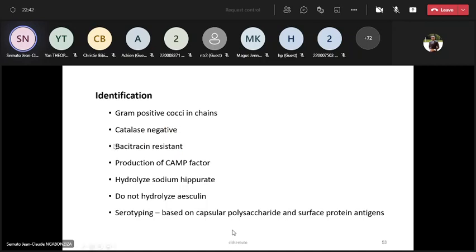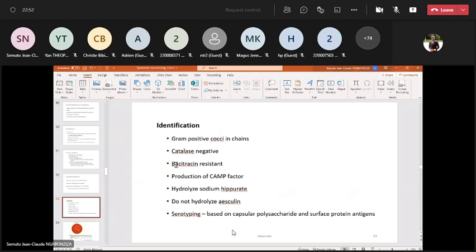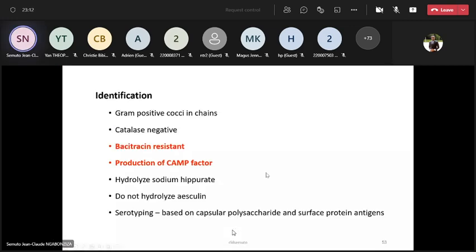We have seen that pyogenes, or group A streptococci, are bacitracin sensitive, so you can differentiate them from these, as these are resistant, and also by production of the CAMP factor.